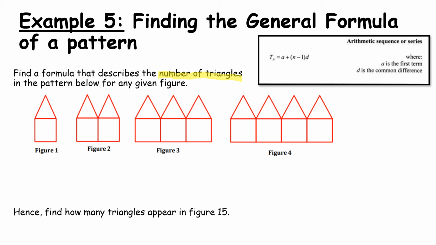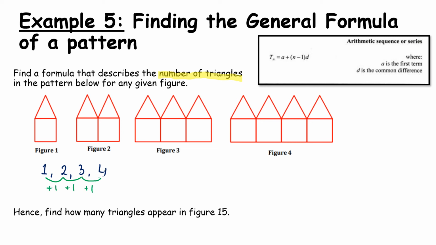First we're going to write down the number of triangles as a sequence. So we have 1, 2, 3, 4. Very straightforward. And we can very clearly see that our common difference here is +1.